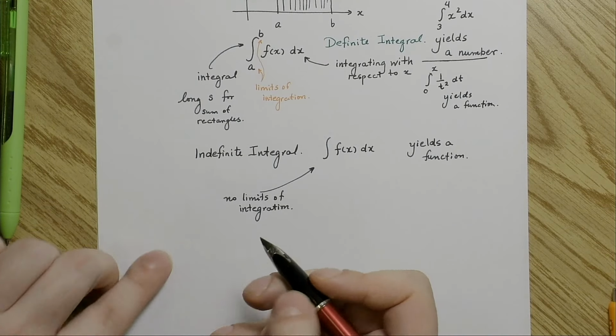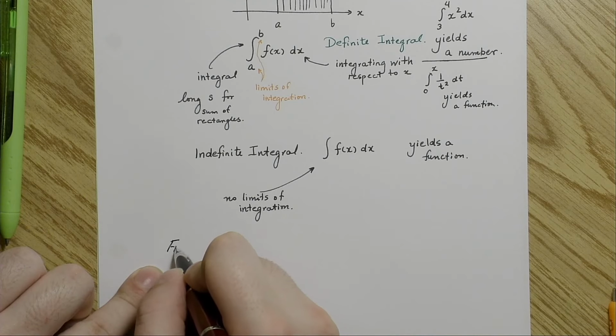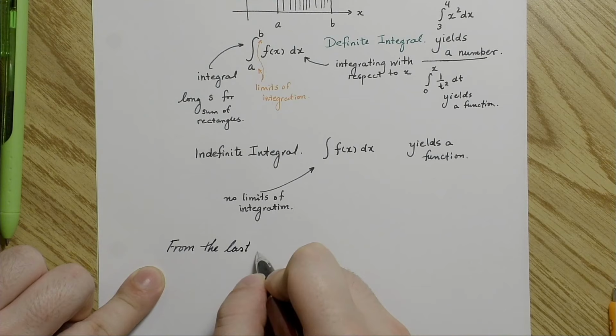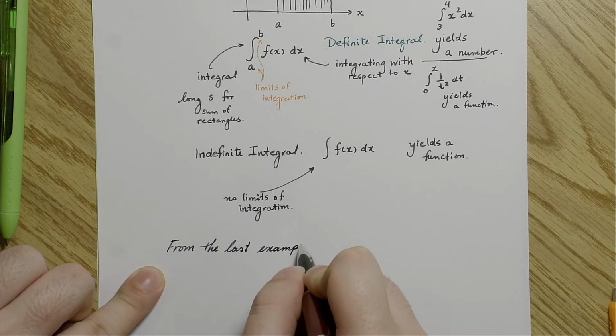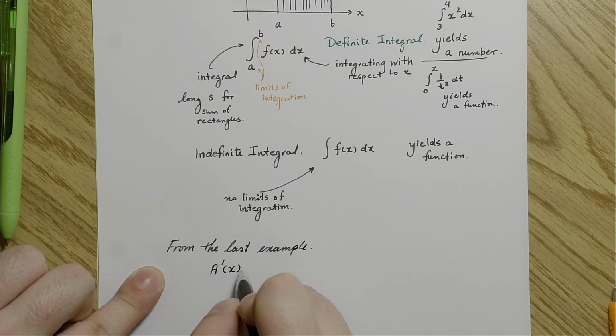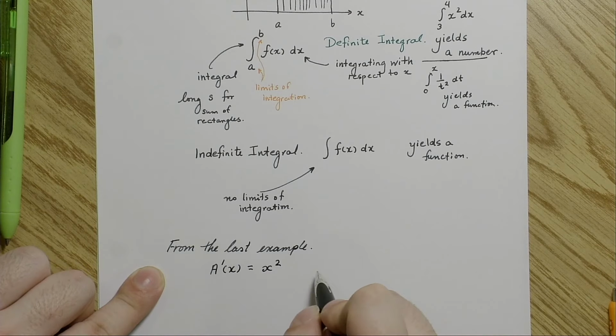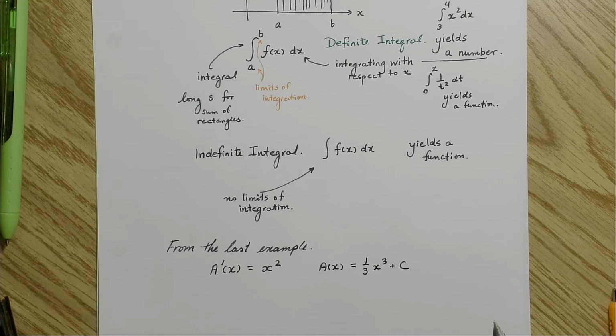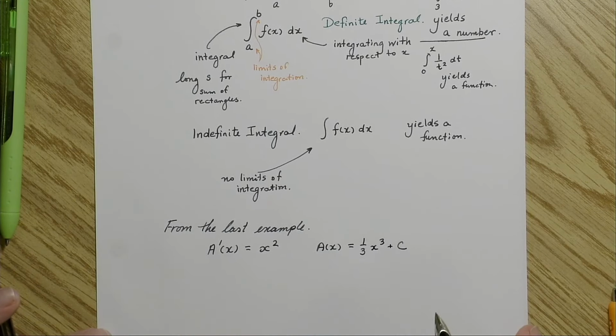Okay, so from our last example, we had the derivative of the area of x squared, and we found that the actual area of the function was 1/3 x cubed plus c. And so I'm going to give you a general formula.